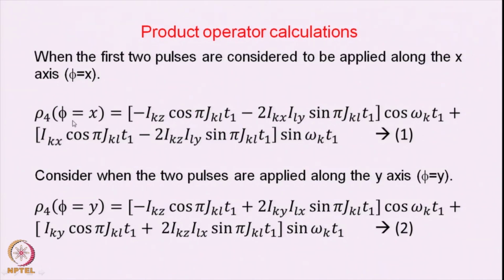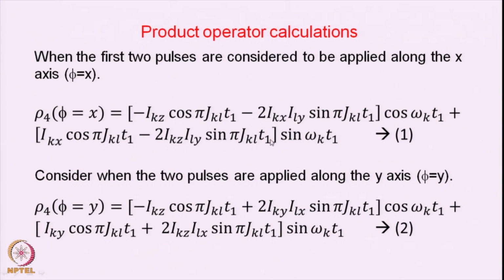So, phi is equal to x, rho 4 is minus iKz cosine pi J_KL T1 minus 2 iKx iLy sin pi J_KL T1 cosine omega_K T1 plus iKx cosine pi J_KL T1 minus 2 iKz iLy sin pi J_KL T1 sin omega_K T1.